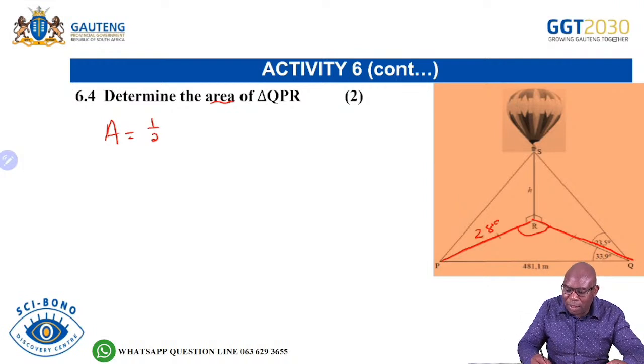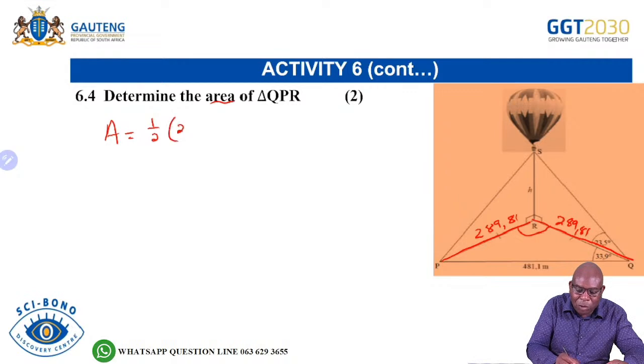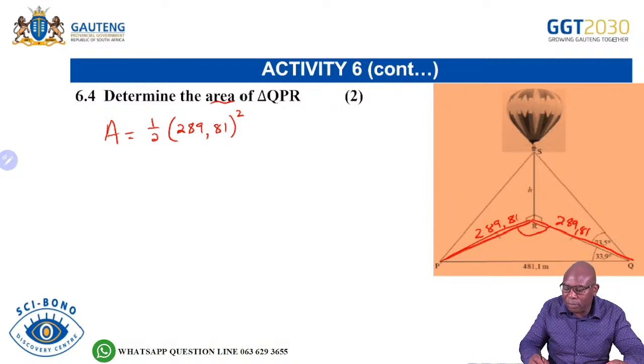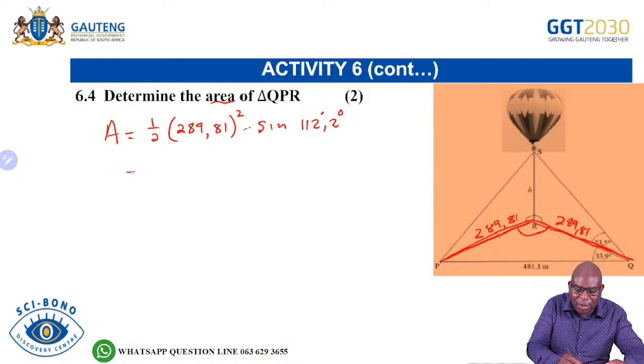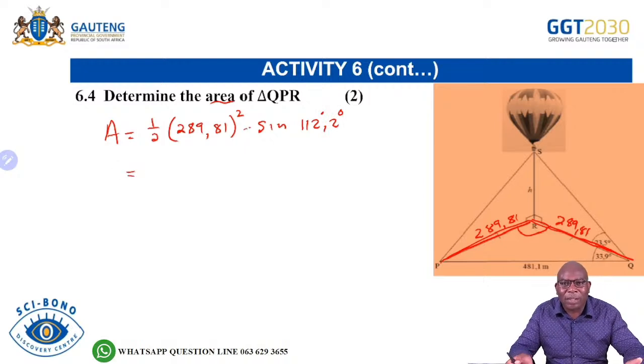It's 289.81. This side is 289.81, the same. So I'm going to say half of 289.81 squared, because these are the same. All right? Multiply by the sine of 112.2 degrees. Then I just use my calculator, just 2 marks.